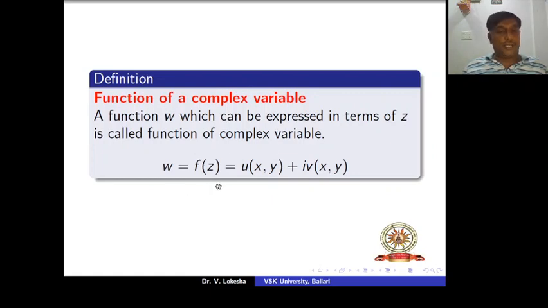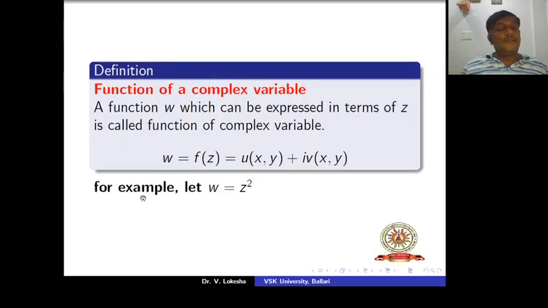That is w is equal to f of z, that is u of x comma y plus i into v of x comma y. Here u and v are functions of x and y, and w is a function of z in terms of u plus iv.